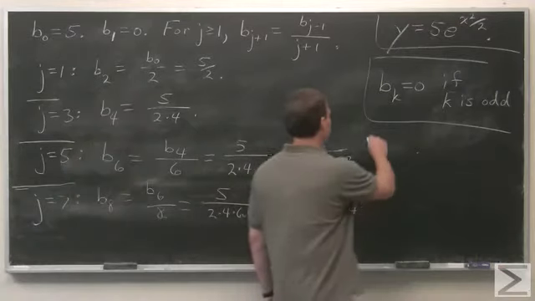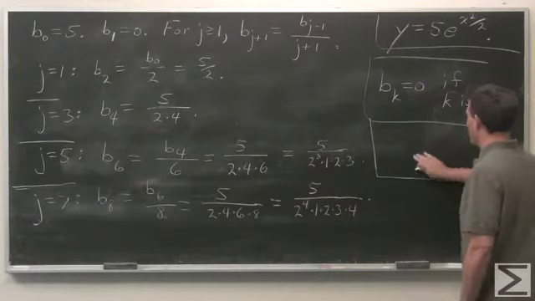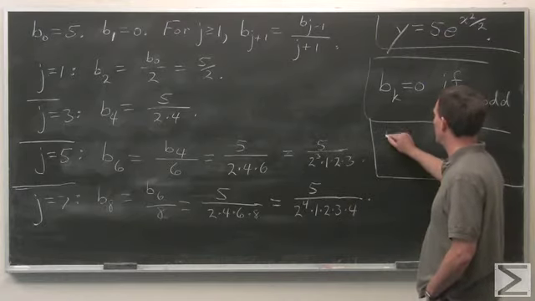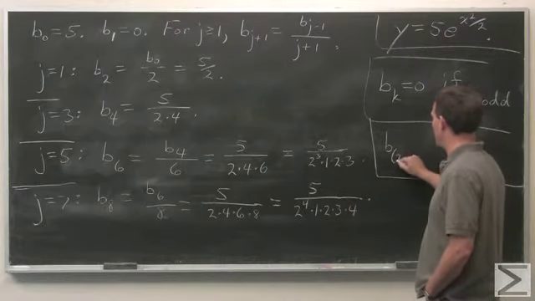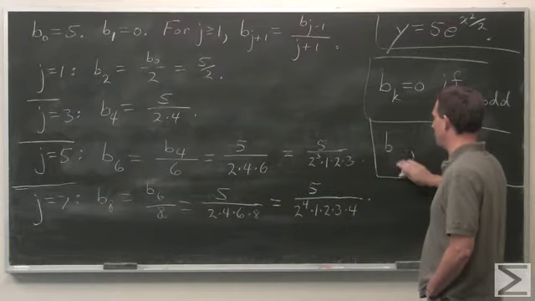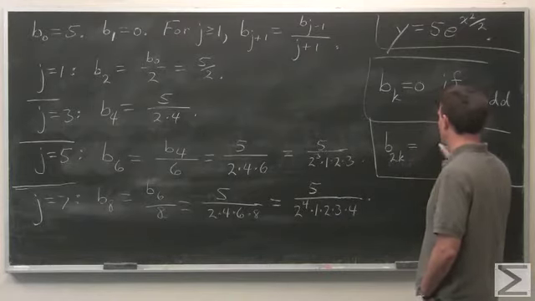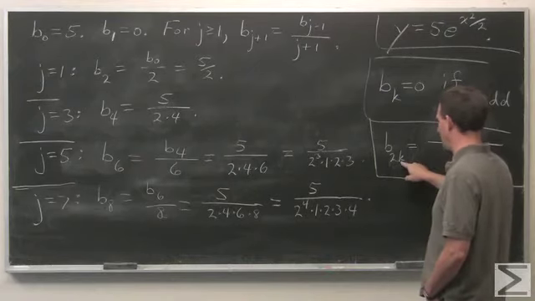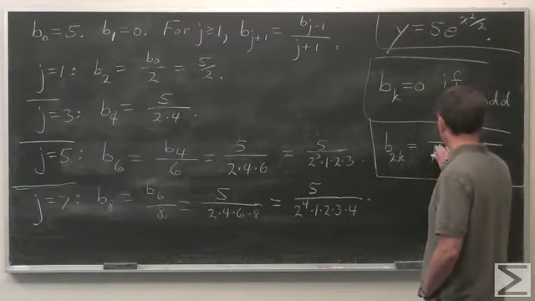So what I'm saying is, without proving it by induction, but just by seeing the pattern, you should see that if you have b sub 2k, so an even index on the b's, then what you're getting is 5 divided by 2 to the k times k factorial, where k is half the index.